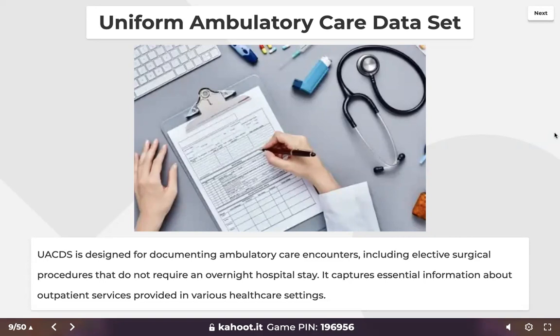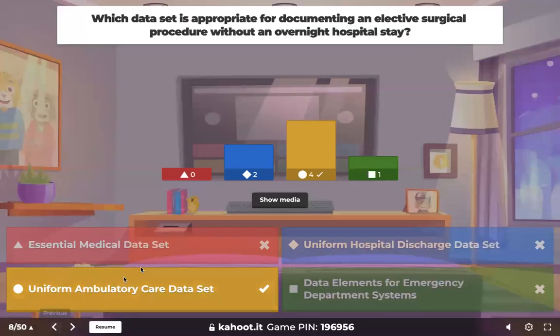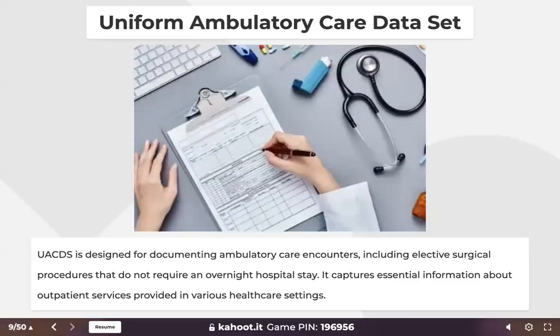It captures essential information about outpatient services provided in various healthcare settings. There's tons of acronyms, as you guys know, on the RHIA exam. These are some of them. Some of these are actually fake, but these two are real. And so you want to make sure that you know these acronyms, how they're used, in what scenario, etc.